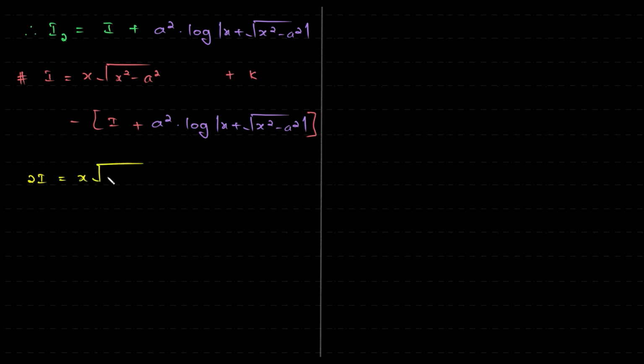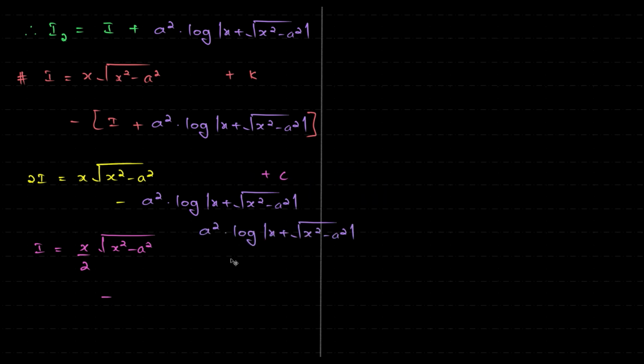Please don't take too many steps to get to this point. And we have minus this particular expression plus a constant c, and finally I is equal to x by 2 root of x square minus a square minus this particular expression again divided by 2, plus a constant. I think I have the right answer.